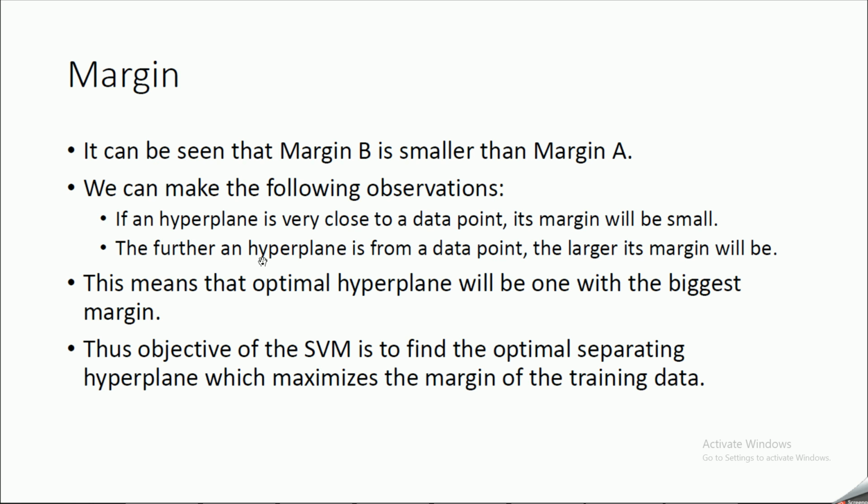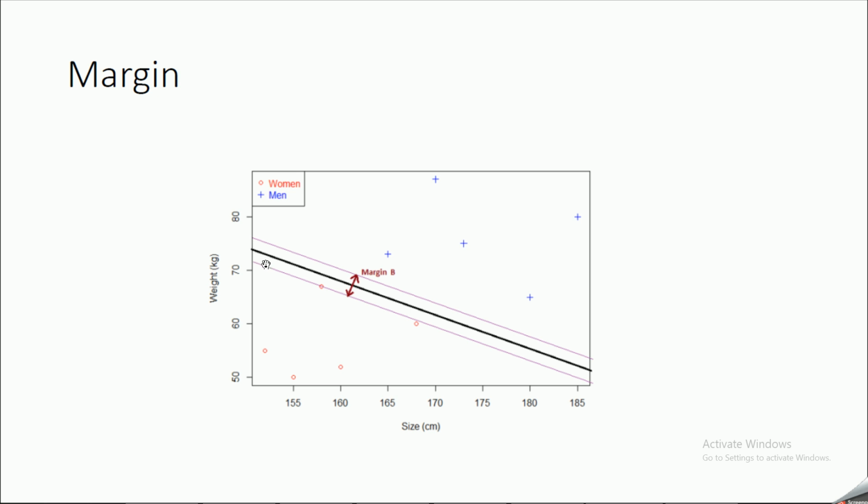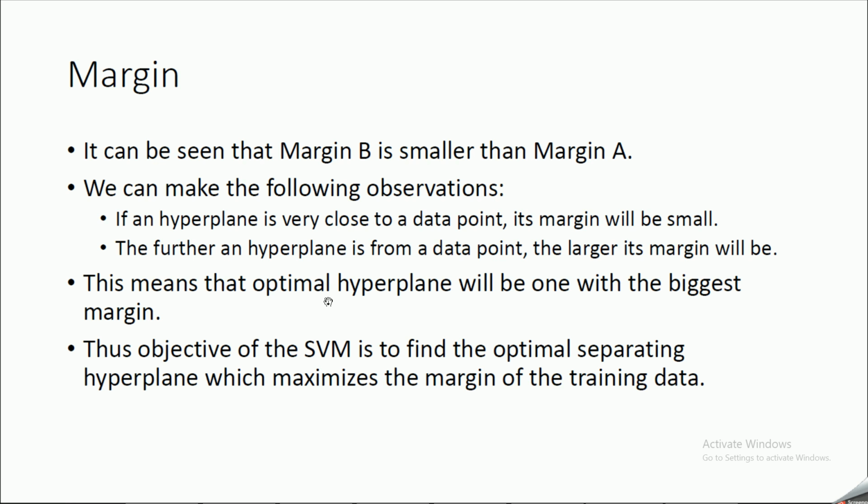We can make the following assumptions. If a hyperplane is very close to a data point, the margin is going to be small. See over here. So if it is very close, the margin is going to be small. The further a hyperplane is from a data point, the larger is the margin.